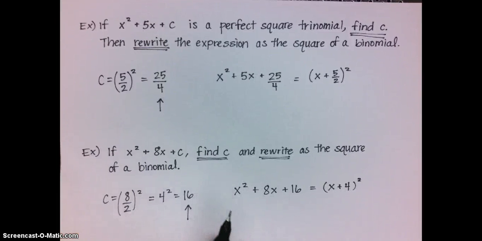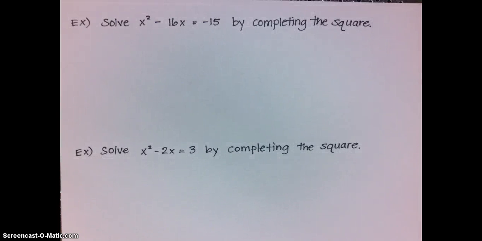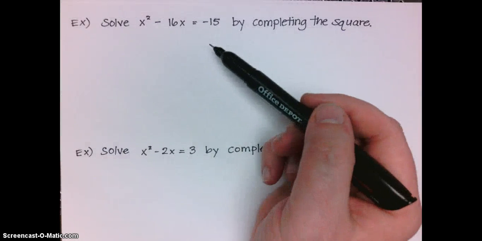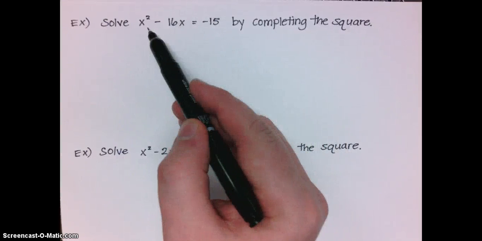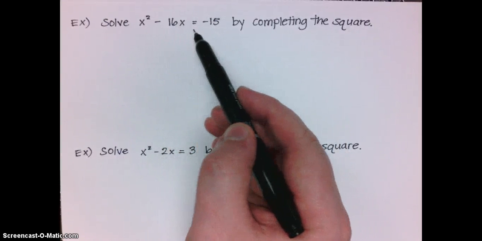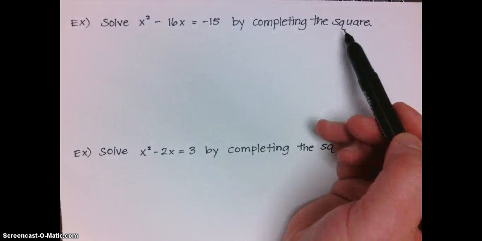Now we know once we have equations that if we ever want to add anything, subtract anything, multiply, divide anything, you have to do the same to both sides of an equal sign. So here I do have a full equation. x squared minus 16x is equal to negative 15. And I want you to solve this by completing the square.